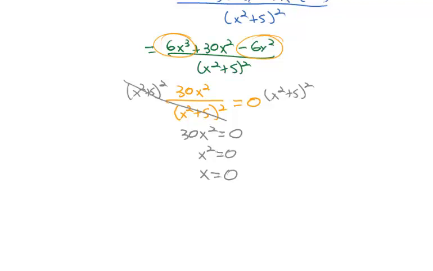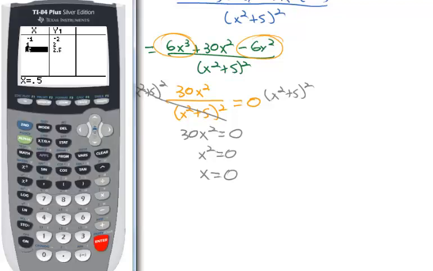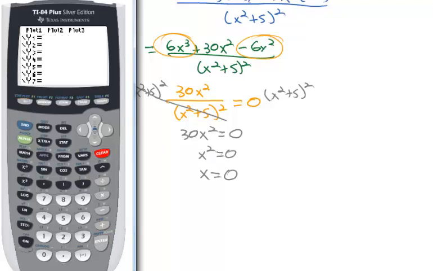Now, based on our previous information about the x and y intercept at 0, we're pretty sure this is a 0, 0 point. But let's go to the calculator just to make sure. Hit y equals and clear out that old function. It's also important to note that with fractions on your calculator, you need to put the numerator in parentheses and the denominator in parentheses.